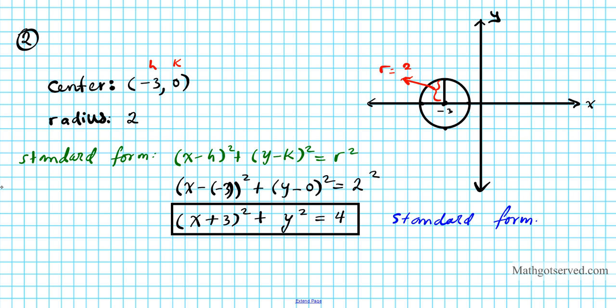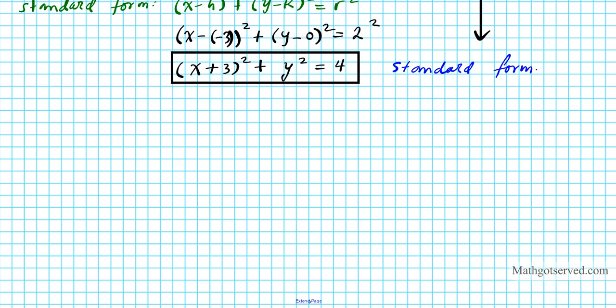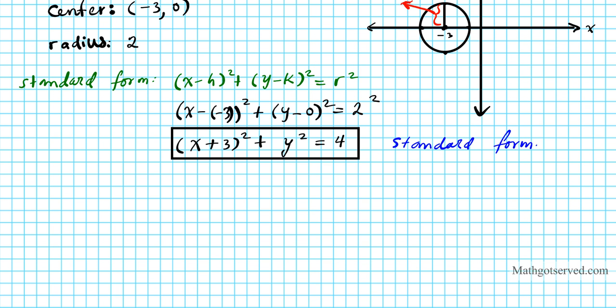Okay, so now let's go ahead and look for the general form. So before we start, first thing we do is write down the general form formula, which is ax squared plus by squared plus cx plus dy plus e equals 0.